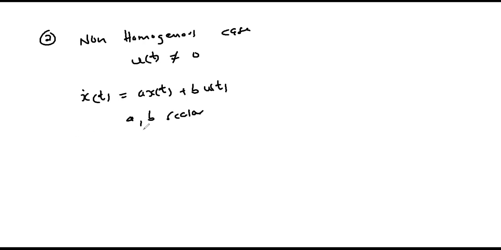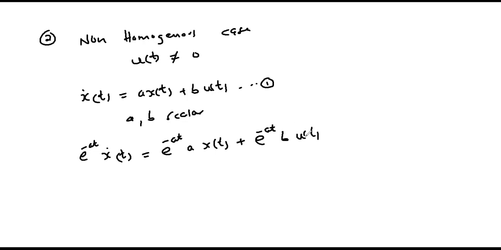From this, if we take this equation and call this equation 1, if we multiply equation 1 by exponential negative at, we'll get exponential negative at x of t will be equal to exponential negative at a x of t plus exponential negative at b u of t.